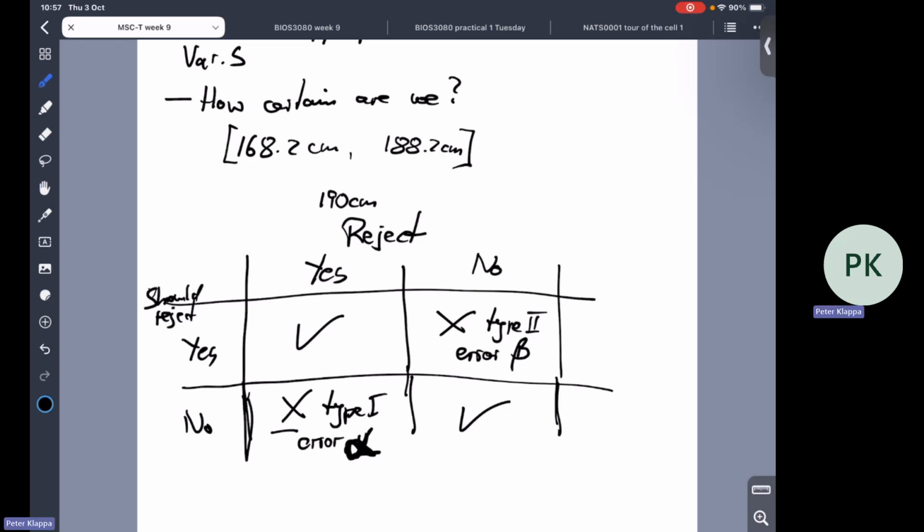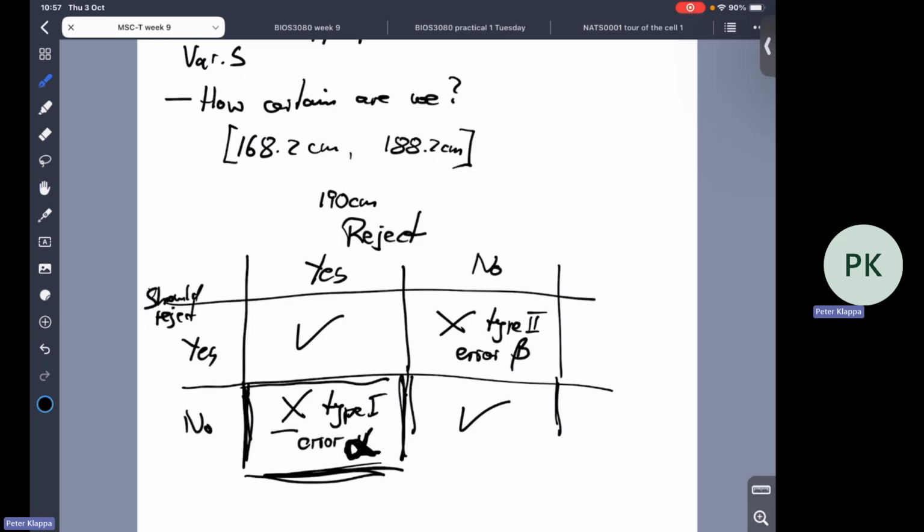But this one here, that is the costly one. And we want to keep that fairly small. If we keep it too small, then we would increase this one here.